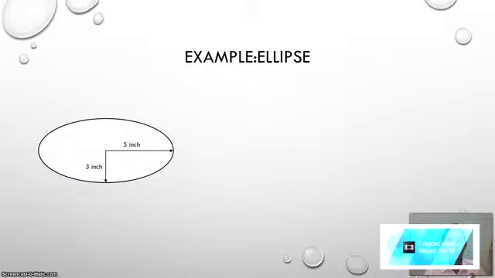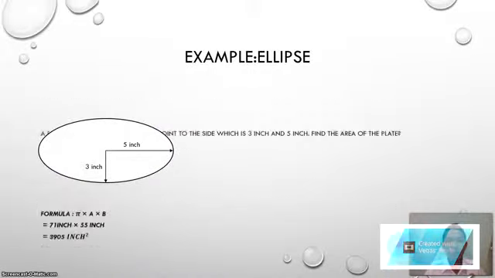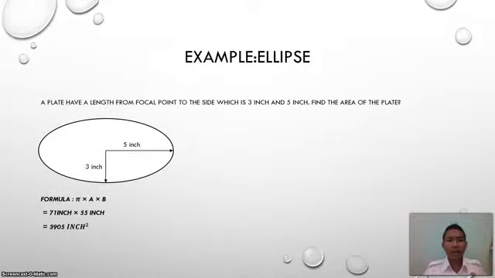So let's find the answer for this question. A plate has a length from a focal point to the side which is 3 inch and 5 inch. Find the area of the plate.